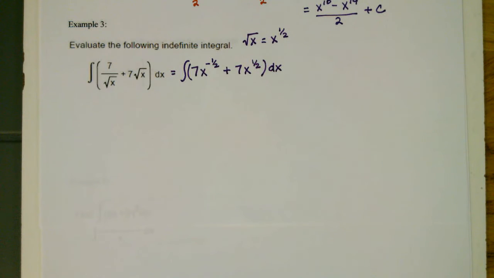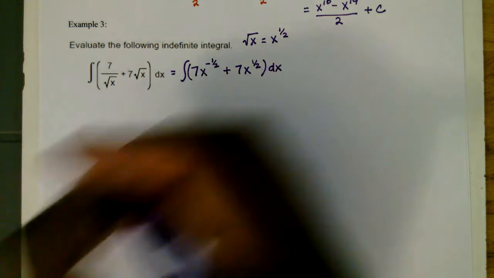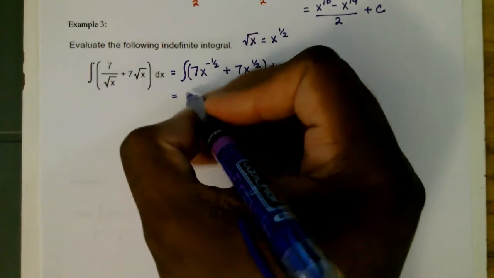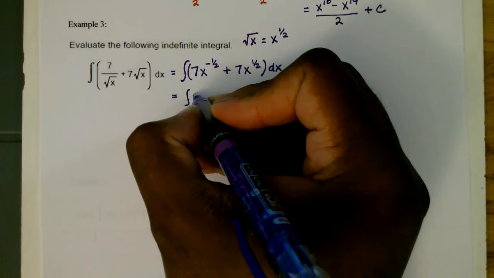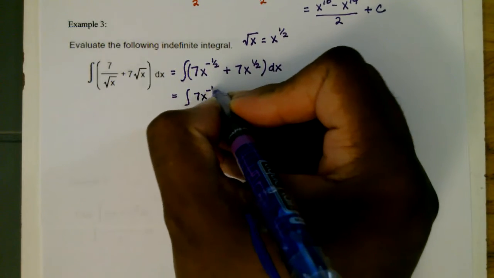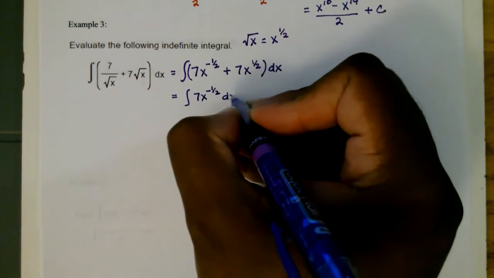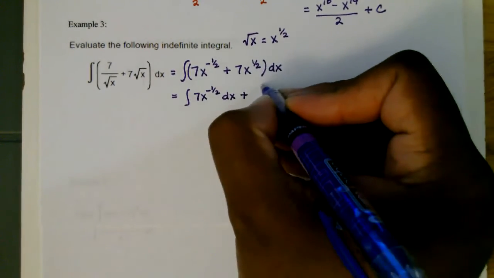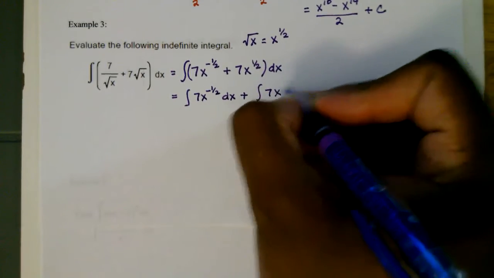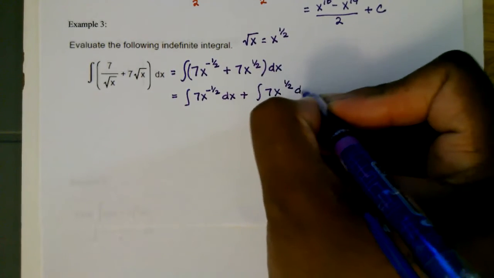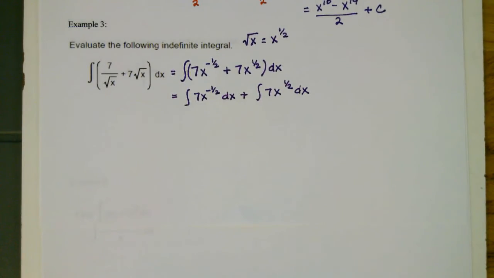Now let's go ahead and use the sum rule. So the sum rule is this: I can integrate each term. So it'd be the integral of 7x to the negative 1/2 dx plus the integral of 7x to the 1/2 dx.